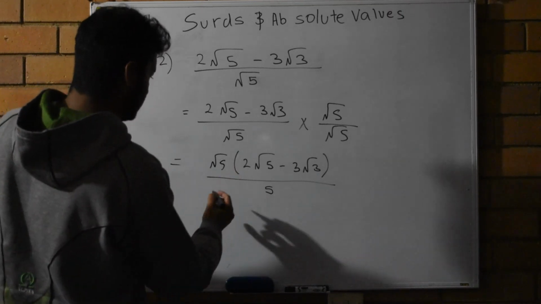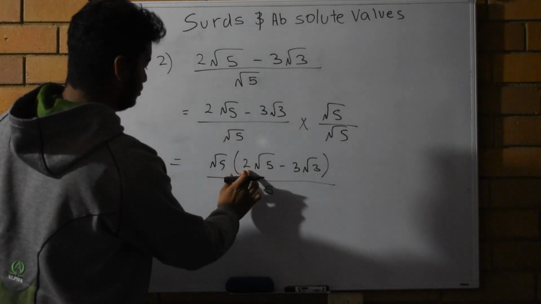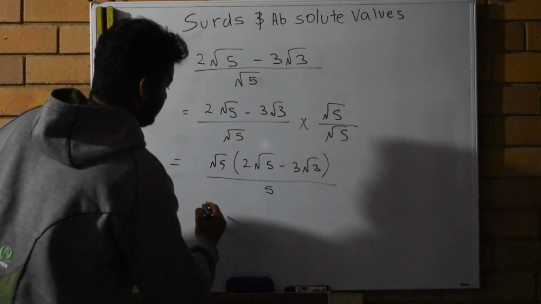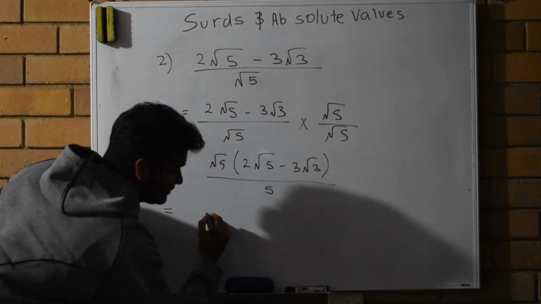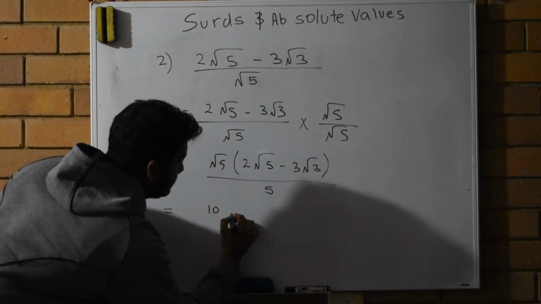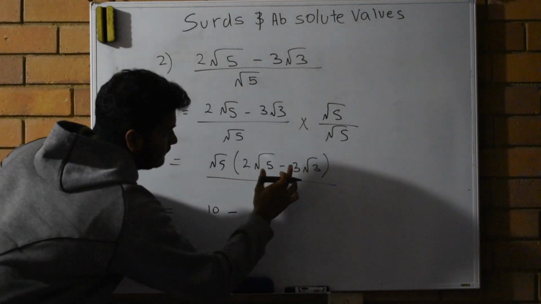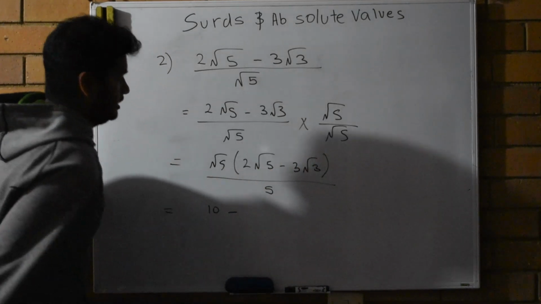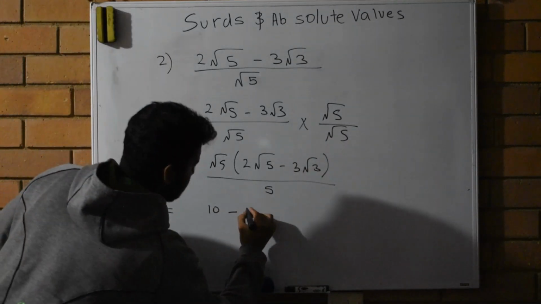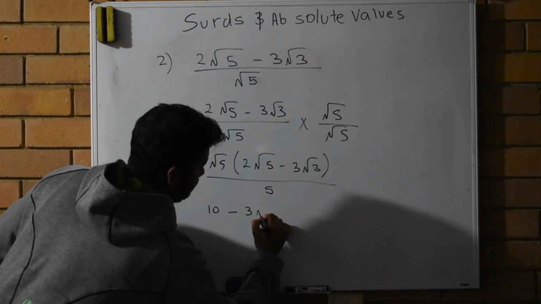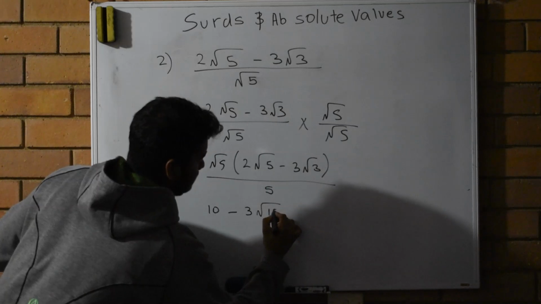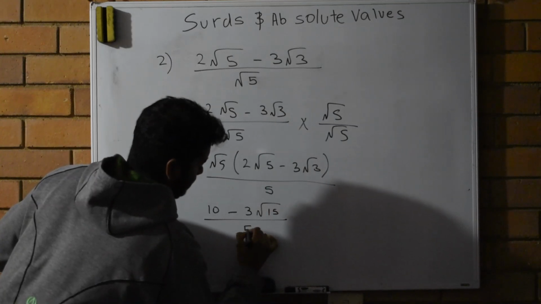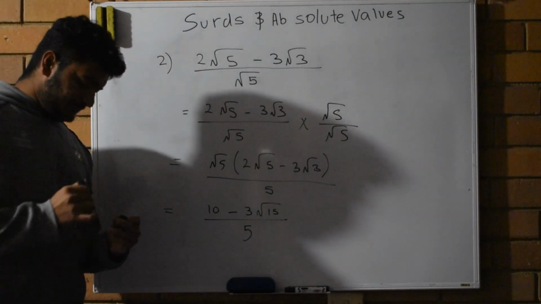So now the top part, 2 times root 5 times root 5, that's going to give me 2 times 5, that's going to give me 10. Minus root 5 times 3 root 3. So that's just going to give me 3 root 15, all upon 5. That's it guys.